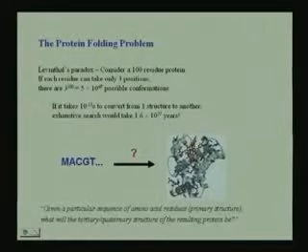So, of the 10 to the 47 possible conformations available for a protein that is only 100 amino acid residues long, if it took less than a picosecond to determine whether it was going to fold into any one of these possible conformations, then it would take 10 to the 27 years for a single protein to fold, which it does in a matter of milliseconds.